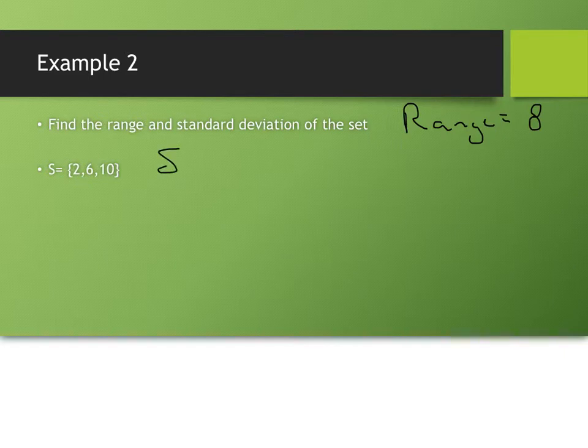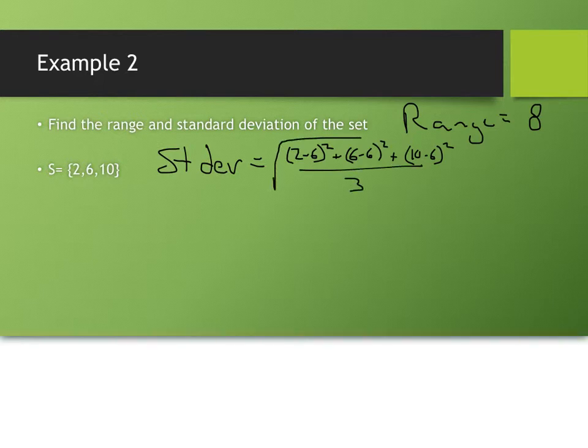And for the standard deviation, you would do a 2 minus 6, square it, a 6 minus 6, square it, a 10 minus 6, square it, divide the whole thing by 3, take the square root, and what I got after I calculated it was about 3.26. Excuse me, if I round it correctly, 3.27.